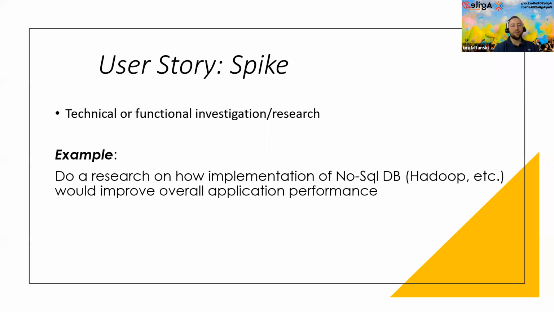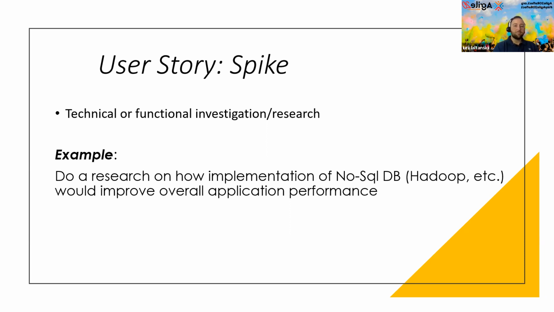The team member would say, okay, I'm going to perform some investigation and present some results, maybe numbers, etc., to convince you that this particular framework is better than the one we're using now. This is basically what the spike is.